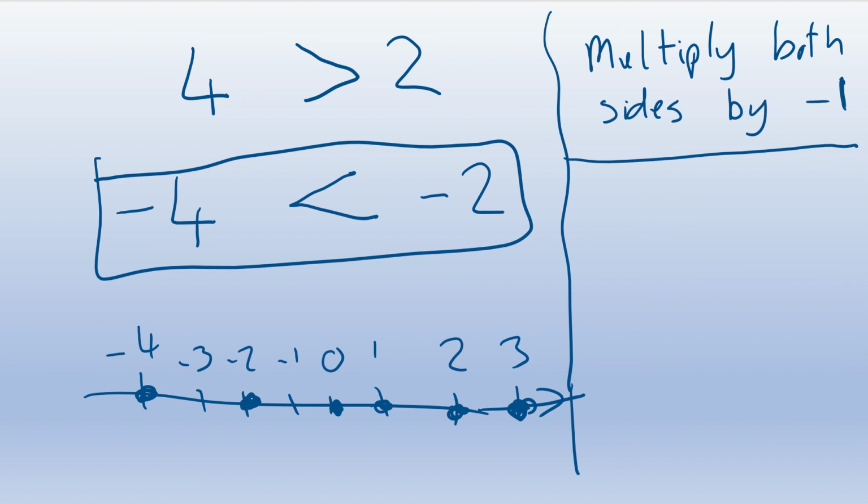This example works with bigger numbers, and if you do not change the directions of your signs when you're multiplying or dividing by a negative number, then your statement will not make sense, like the statement we had here just before I changed the sign.